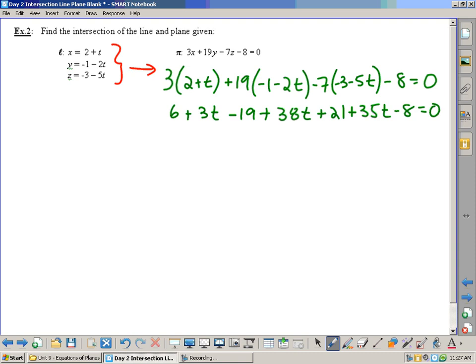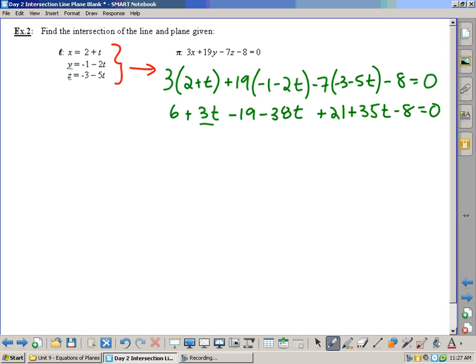Collect like terms. So we've got 38, and this is 41, and oh, sorry, this is a minus 38t. I knew there was a pause there for a reason. I was doing something wrong.